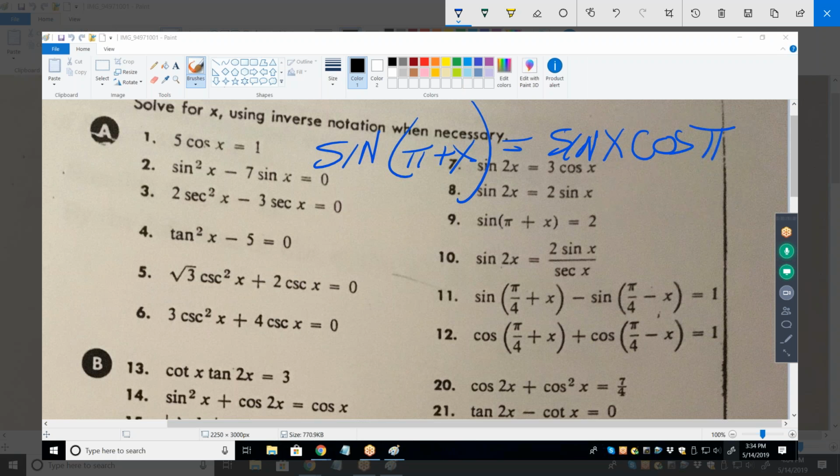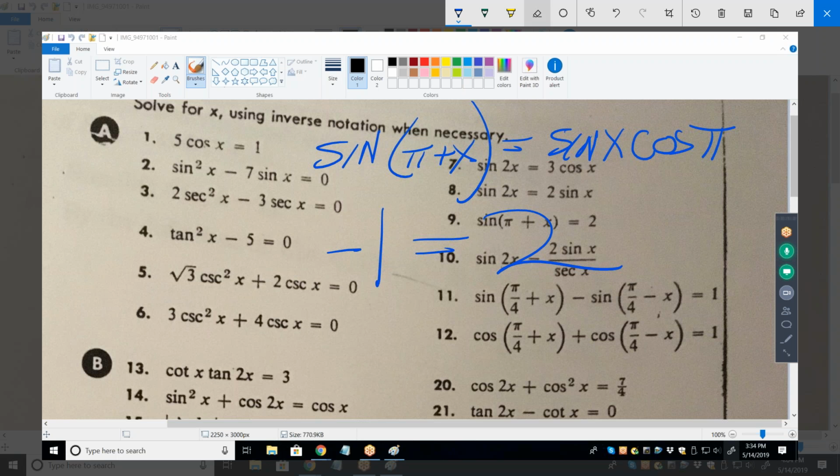What's cosine of pi? According to the curve, that looks like it is -1. So I've got -1 equals 2. So there's no solution.